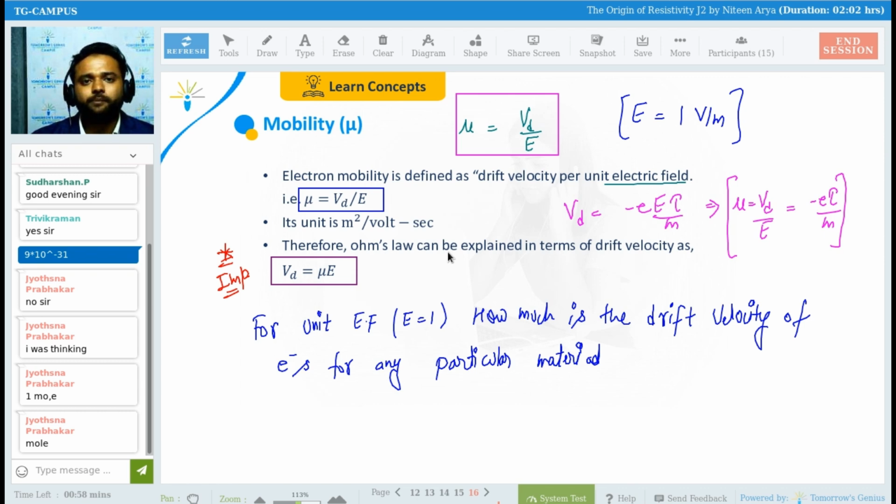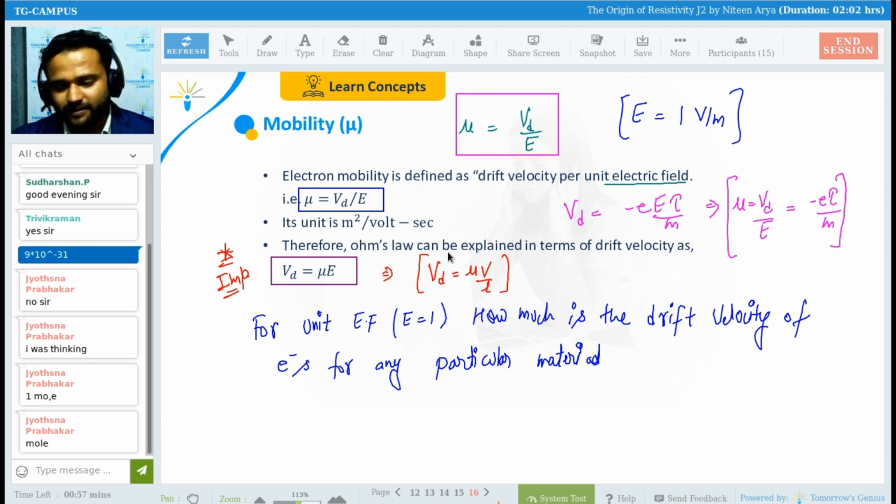The drift velocity for particular charged particles in any particular material where the electric field is 1. What is electric field? The moment we apply 1 unit potential across a single unit of length of conductor, the electric field is 1 by 1. So n number of formulas are going to be generated. Because the moment I put E equals V by L, Vd equals mu V by L also.